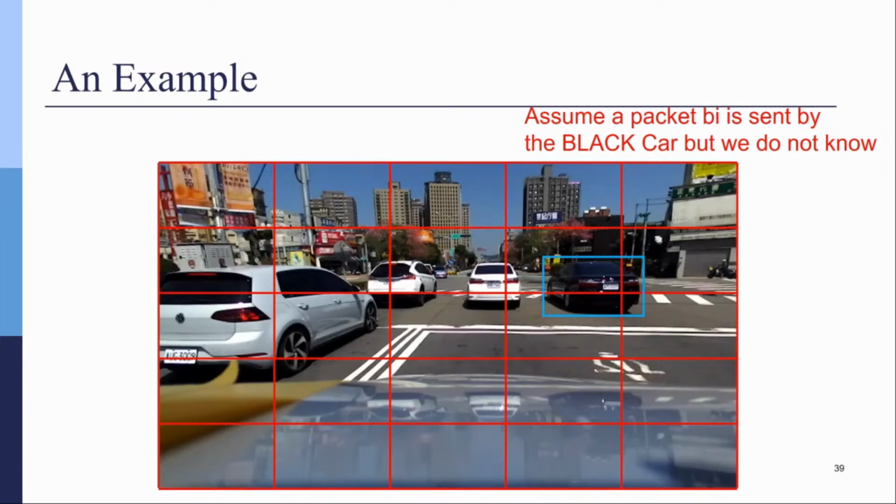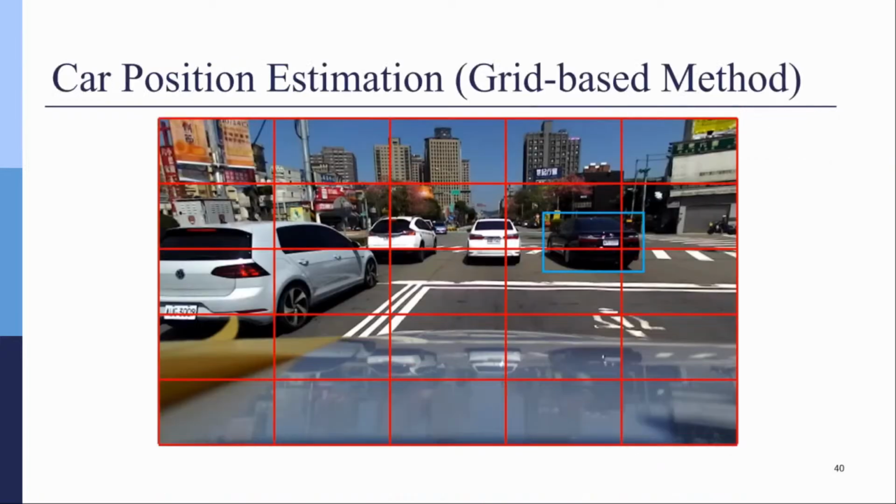We will divide the whole screen into grids. For example, this image is divided into 5 by 5 grids. Each cell in the grids is mapping to a neuron in the MDFNN.